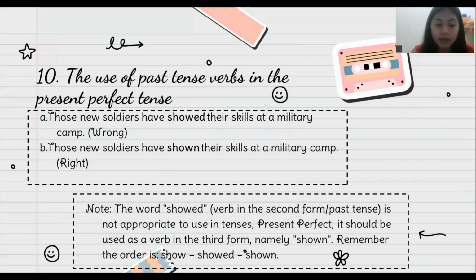Why? Because a verb in the second form or past tenses is not appropriate to use in present perfect. It should be used as a verb in the third form, namely shown. Remember, the order is show, showed, shown.